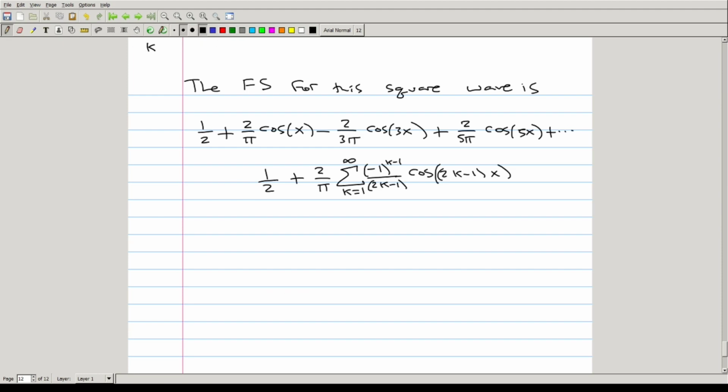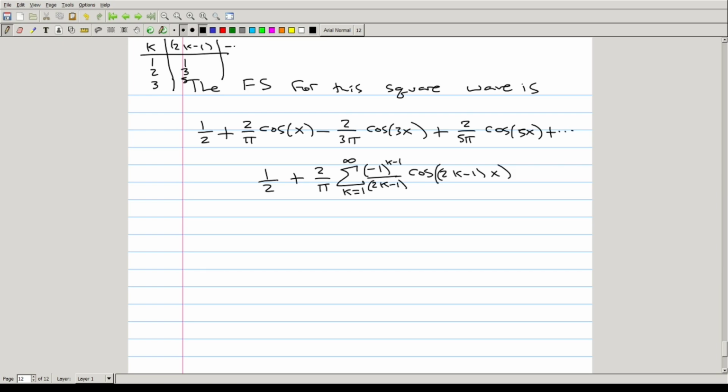Because for all different values of k, 2k minus 1 is going to give you the odd values. So for k equals 1, you get 2 times 1 is 2, minus 1 is 1. For k equals 2, you get 2 times 2 is 4, minus 1 is 3, and so on and so forth. So for k equals 3, you get 2 times 3 is 6, minus 1 is 5.